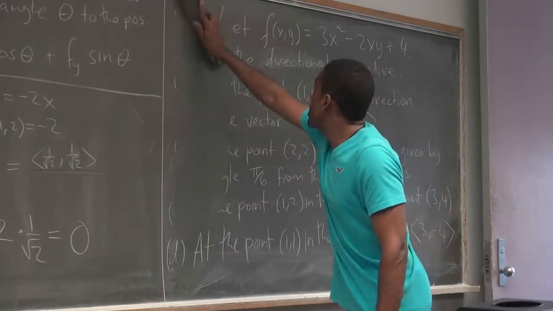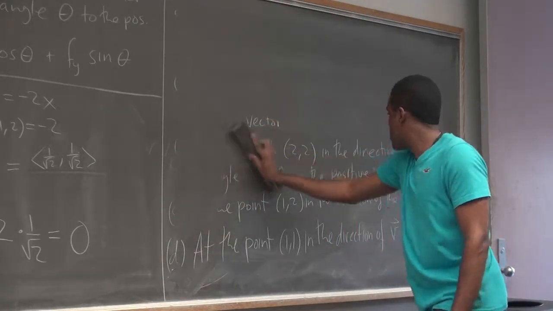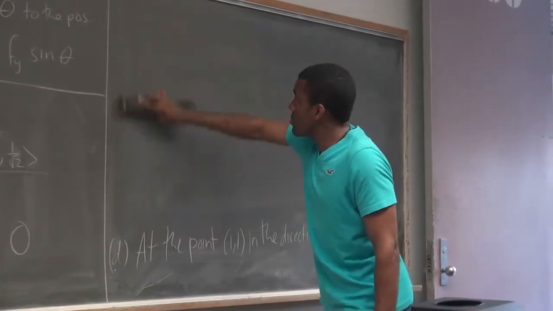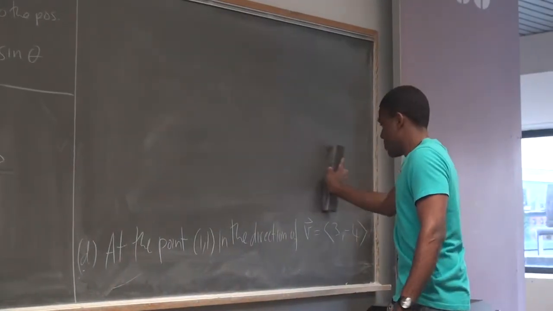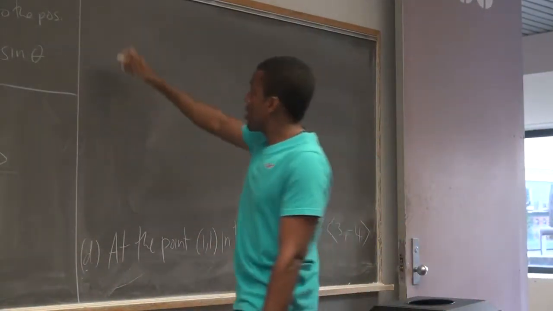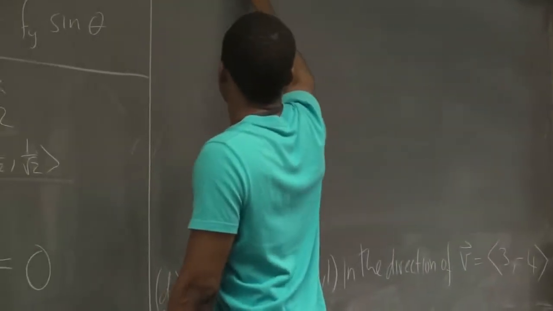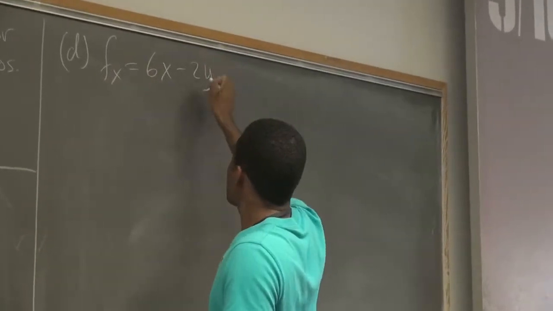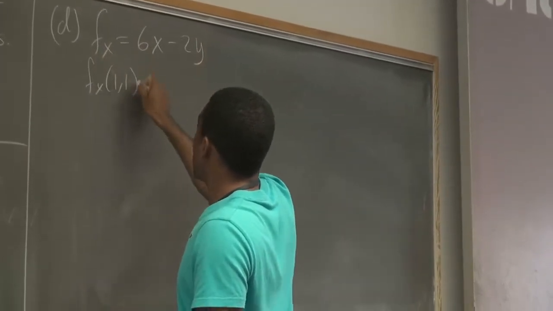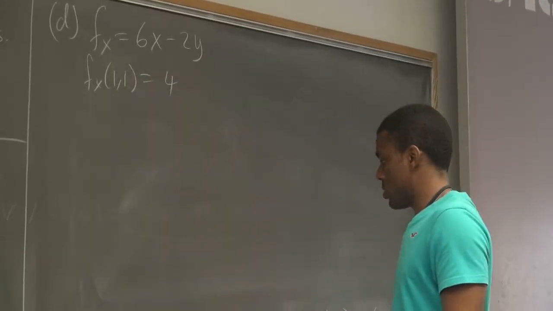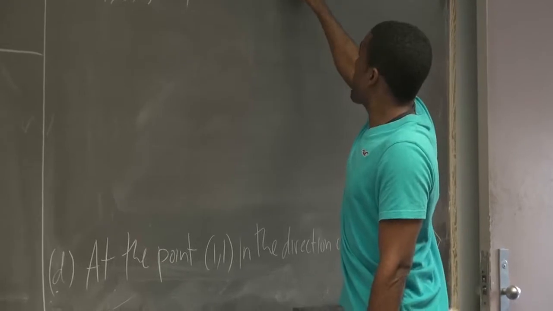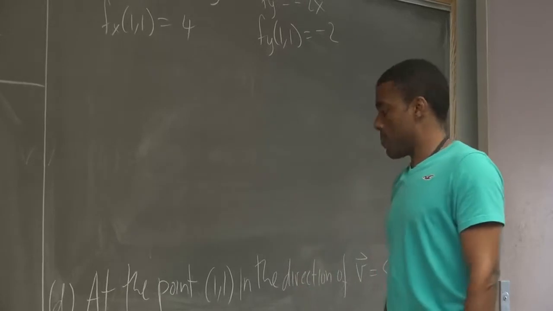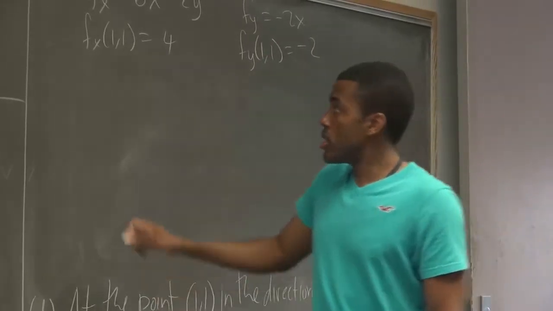D. Back at the point 1, comma 1. That gives us 4. How do I find my u here?